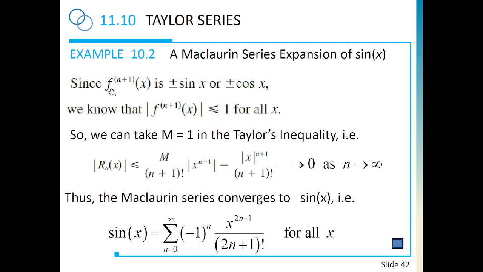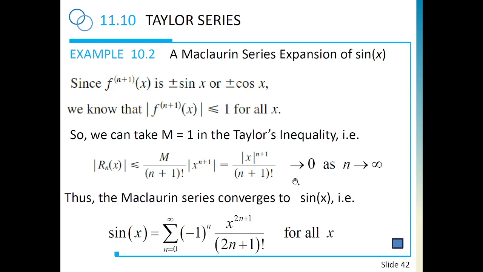So we said that if the n plus 1 derivative is smaller than some number, and the derivative here is sine or cosine, plus or minus. So in absolute value, sine or cosine, they're always smaller than 1. So all the derivatives are smaller than some fixed numerical value. That condition guarantees that the remainder is bounded, and we know by the result from the beginning that this goes to 0.